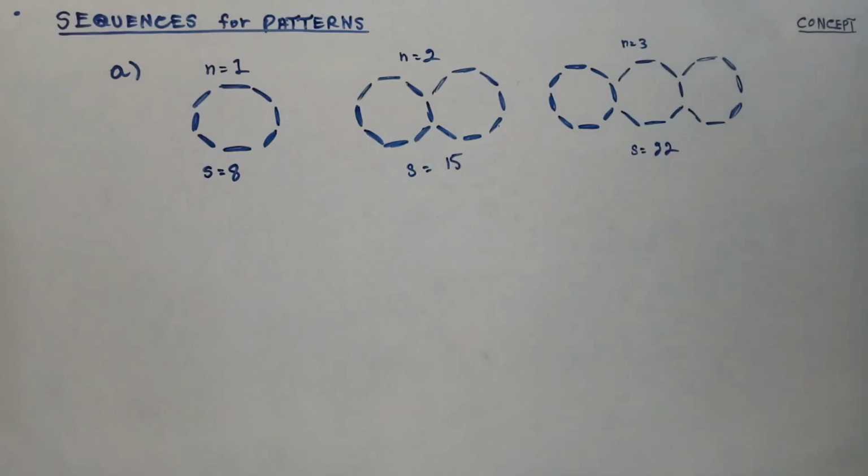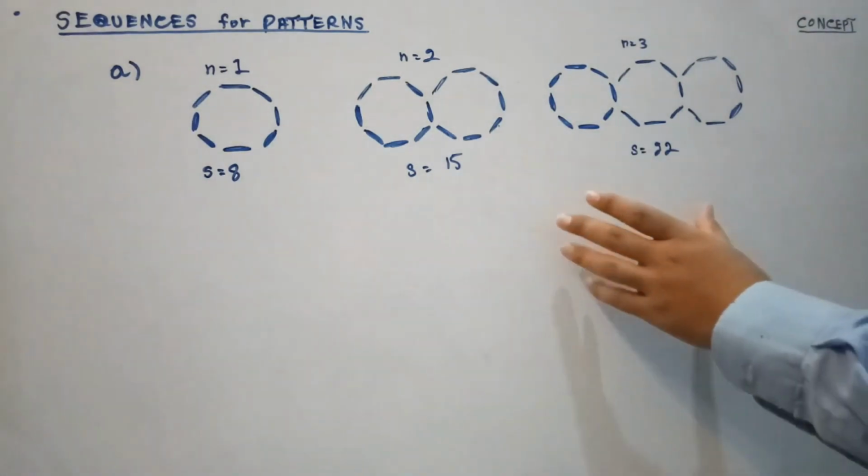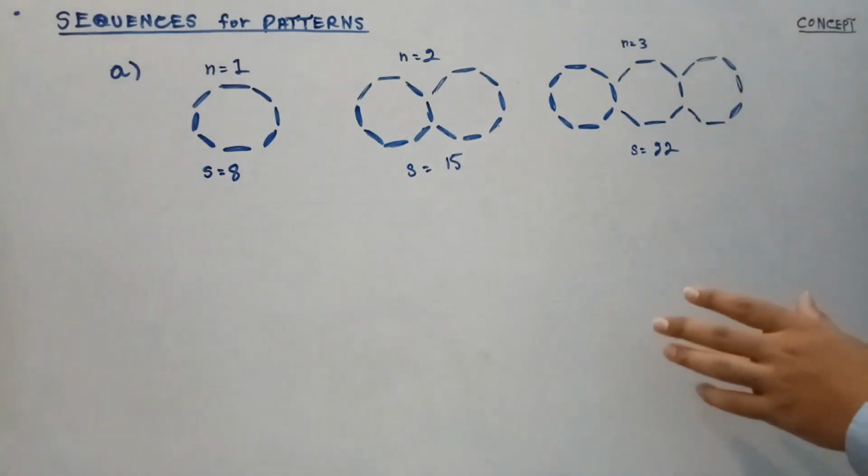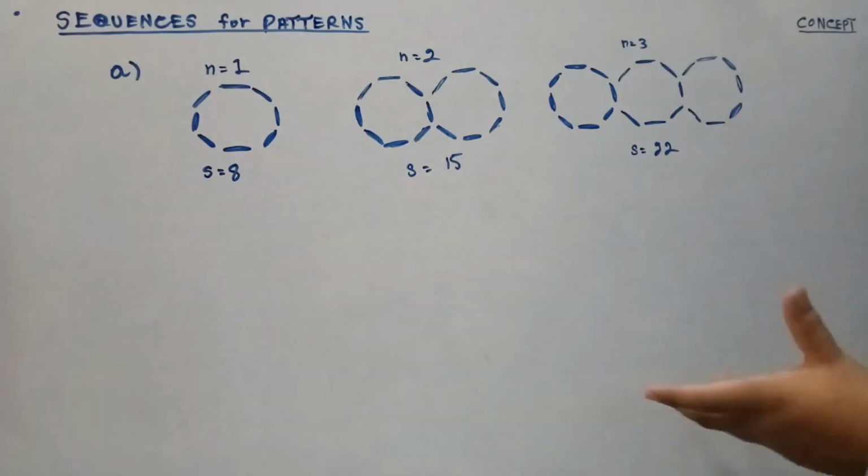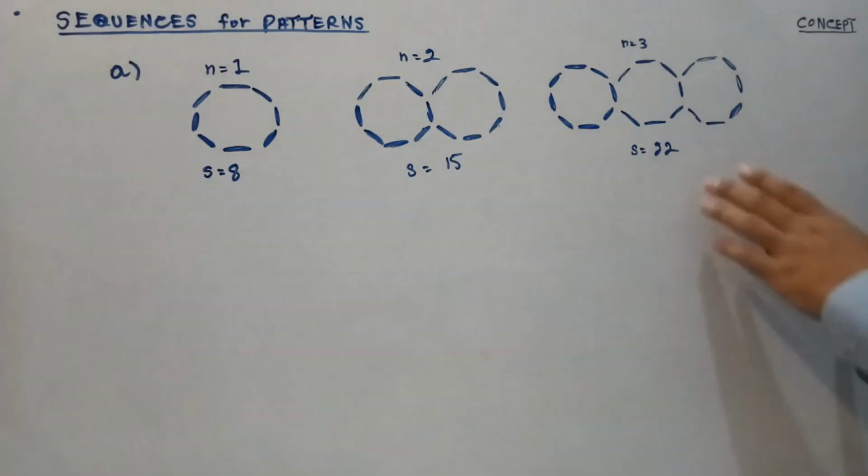And what we are doing in this video is, first of all, we will draw a sequence table to find the first 5 elements of this pattern.